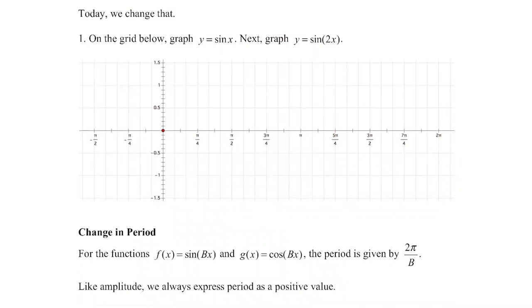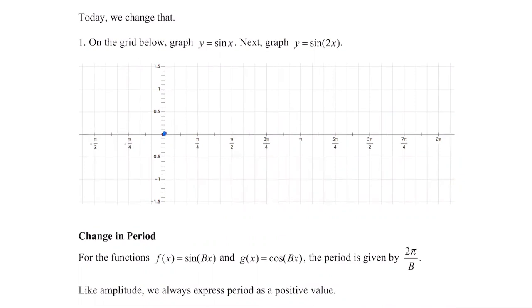On the grid below, graph y equals sine of x. Next, try graphing y equals sine of 2x. Let's think about how to do that. To graph y equals sine of x, we know that when x is 0, sine is also 0. When x is pi over 2, the sine of pi over 2 is 1.